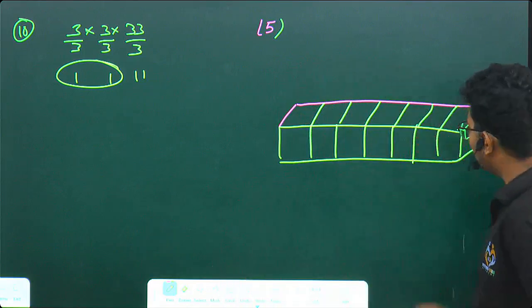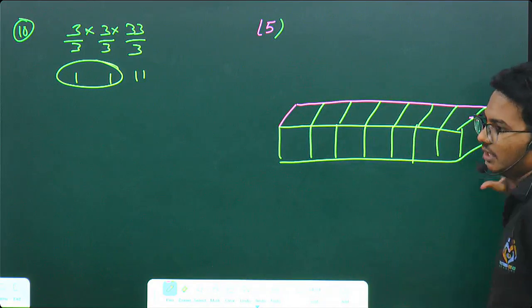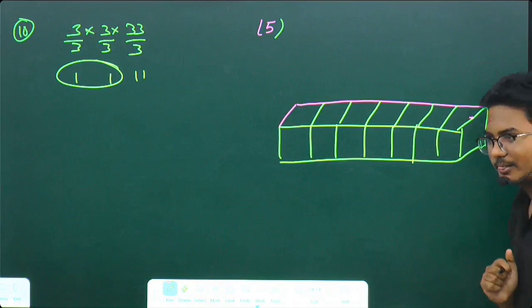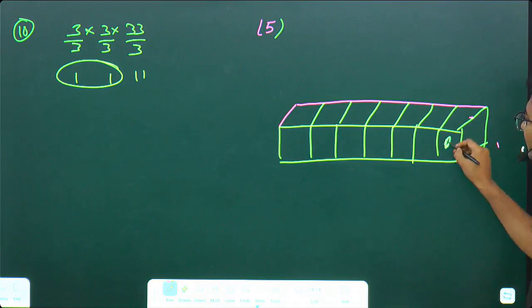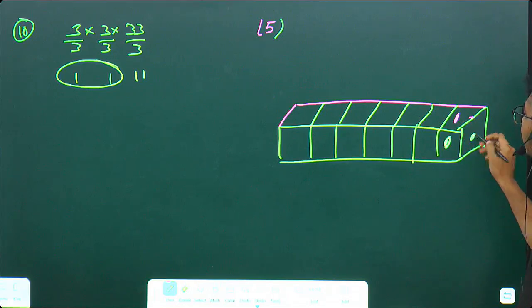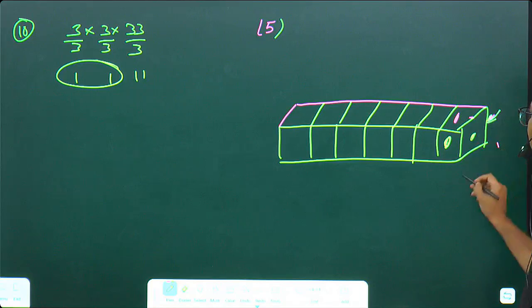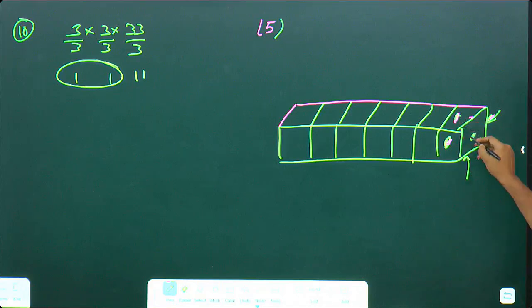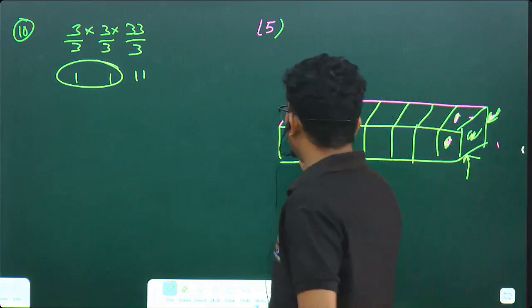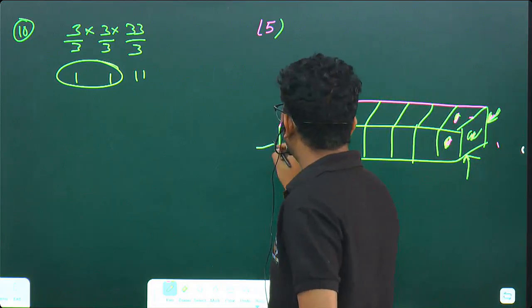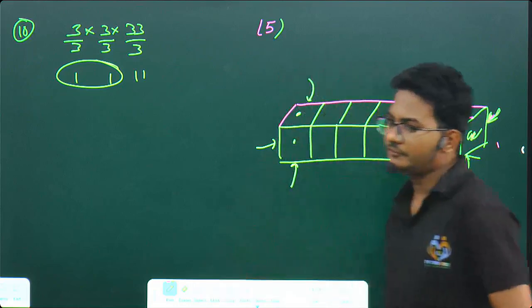Now tell me, if I take this one outside, how many surfaces are painted? 5. 1, 2, 3, the back side 4, and the bottom one 5. Yes. And here also 1, 2, 3, 4, 5.